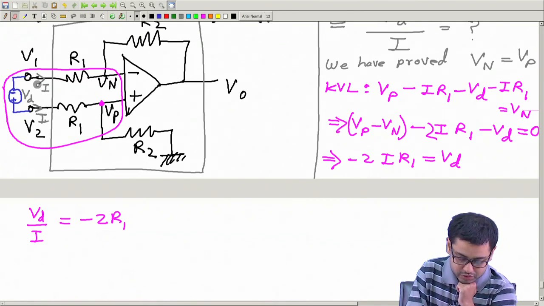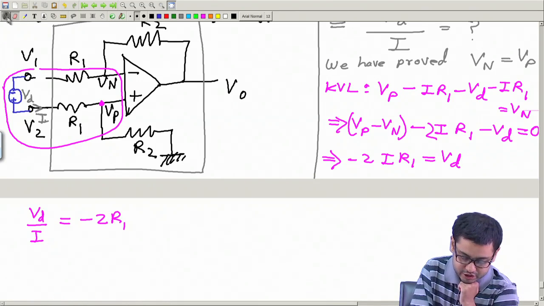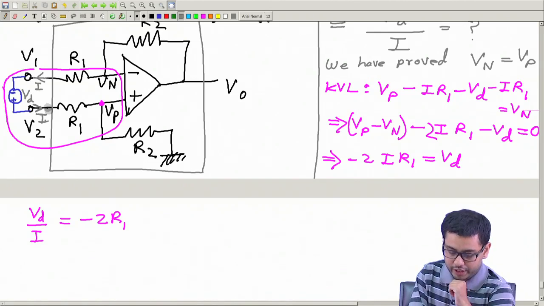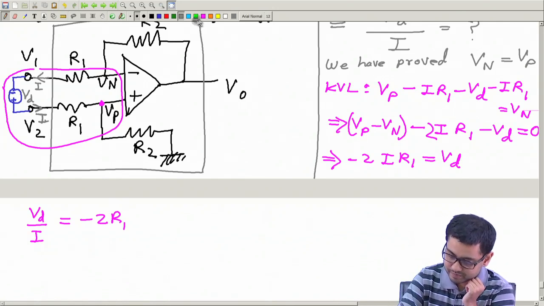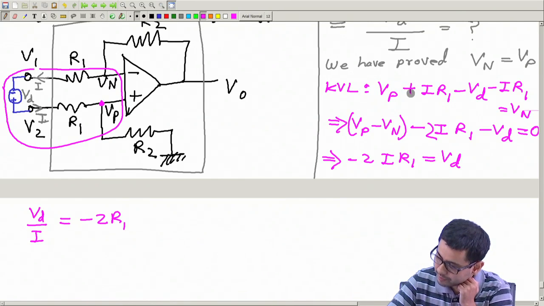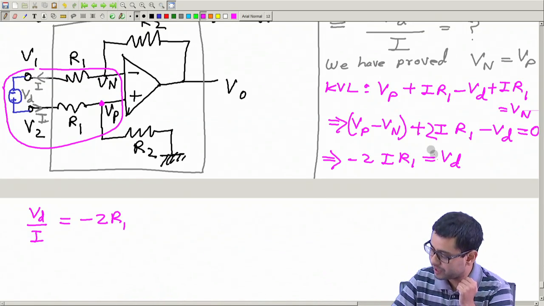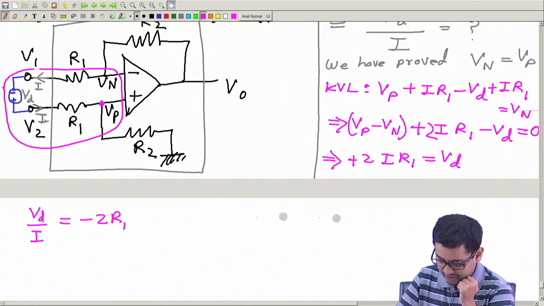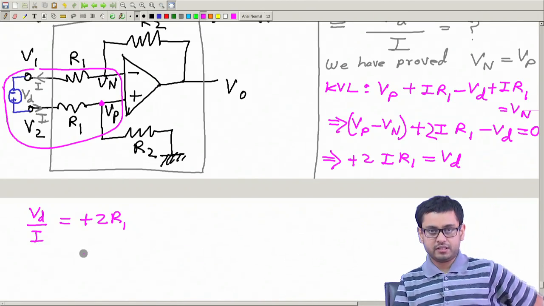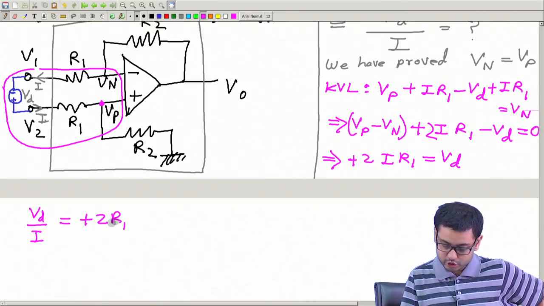So let me take also this I in the opposite direction, this is also I. So everywhere in this equation, wherever I have I will just put minus I. Okay, so this will become plus, this will become plus, this will become plus, this will become plus. So therefore this will become plus. Okay, I did a small mistake, that's why I got this quantity negative.